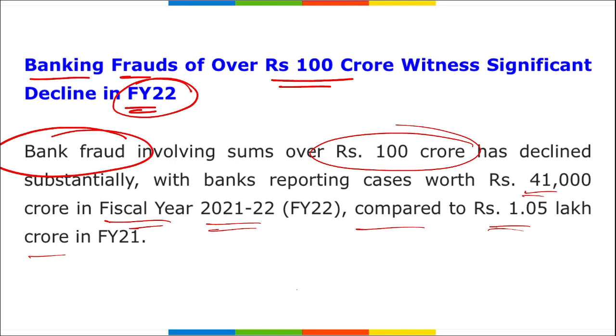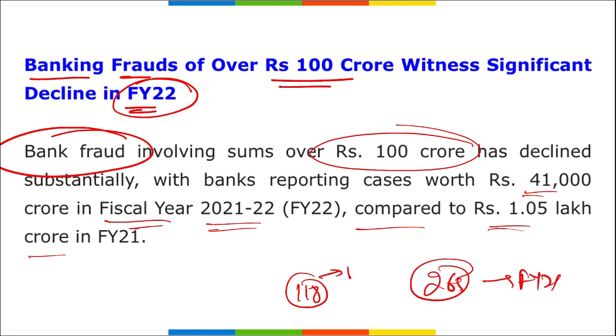All right, according to the official data, the number of fraud cases in private and public sector banks has decreased to 118 in fiscal year 2022, that was 265 in the fiscal year 21. So you can see almost double has been reduced, means it is reduced to half. We are seeing less number of banking frauds now.